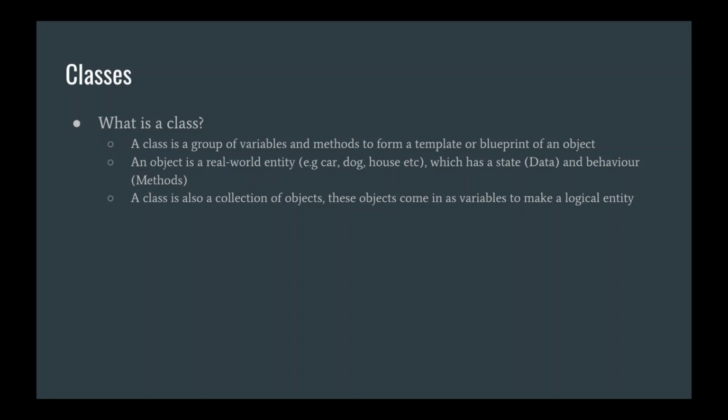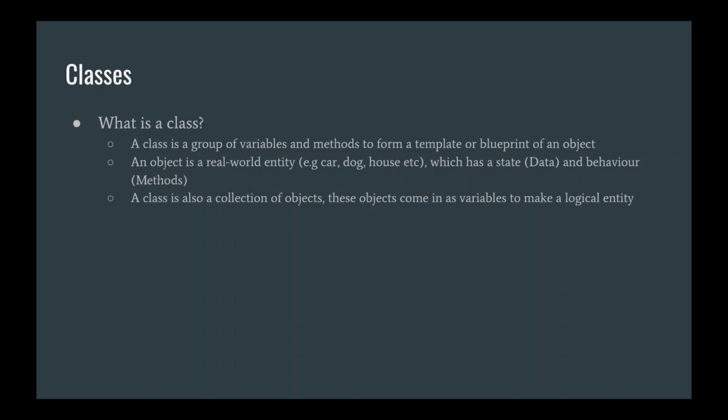So those are real-world entities, and an object is a representation of that particular entity. So it has a state, which is the data, and it has behavior, which are the methods that we define within that object. So a class is also a collection of objects.